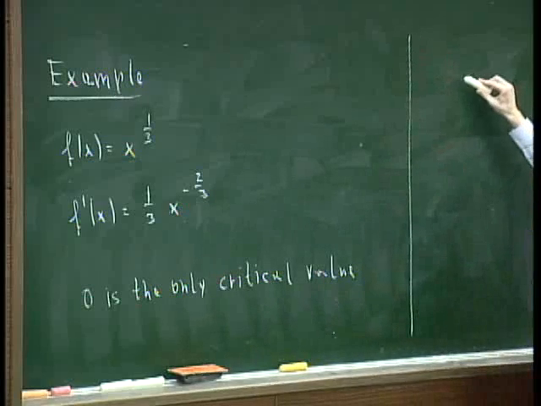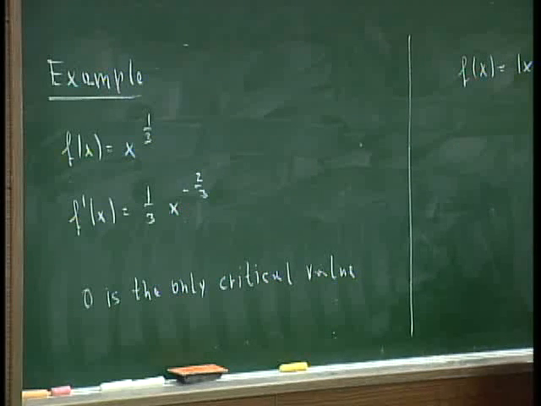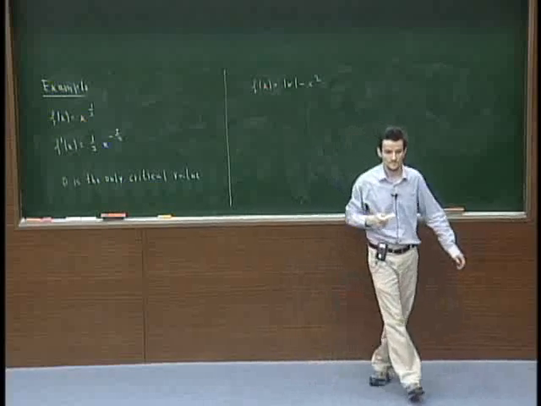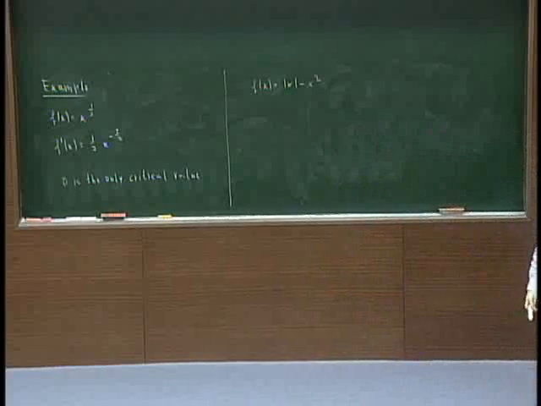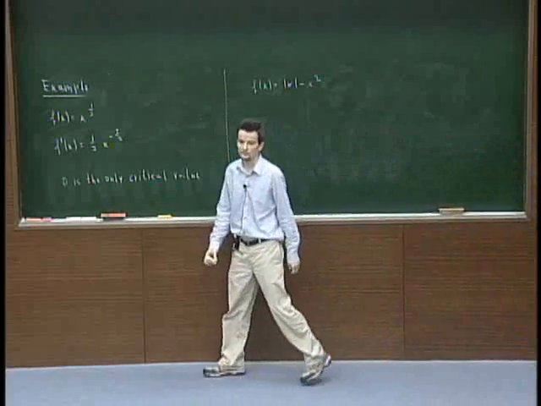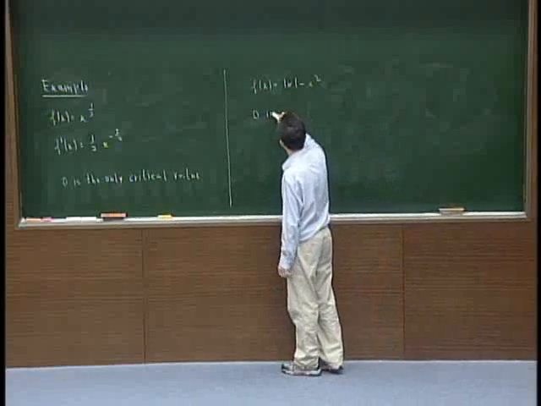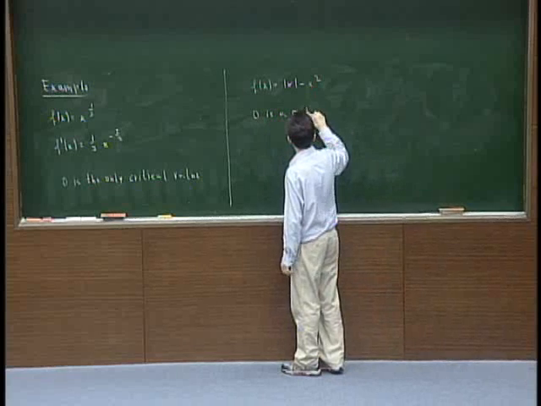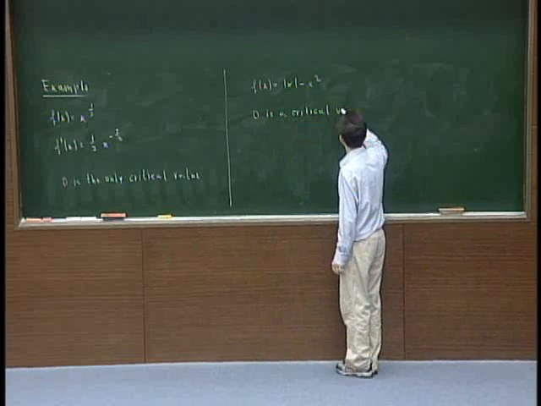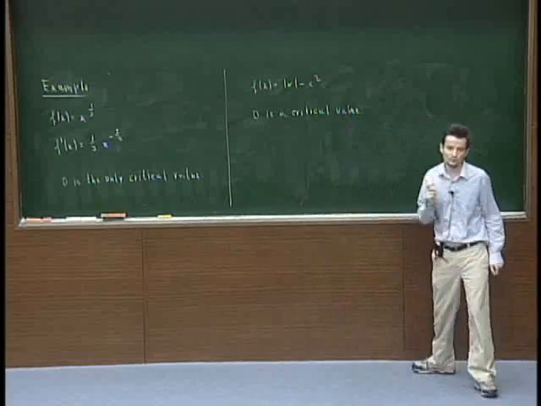Now, if we look at a different example, for instance, this here, and you are asked to find what the critical values are, you see already that one critical value is 0. So how do you argue?